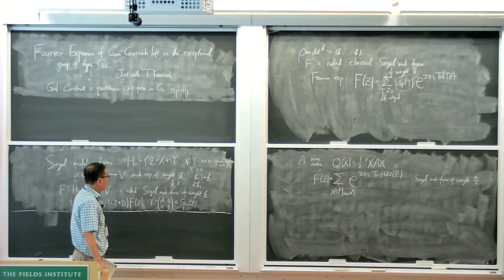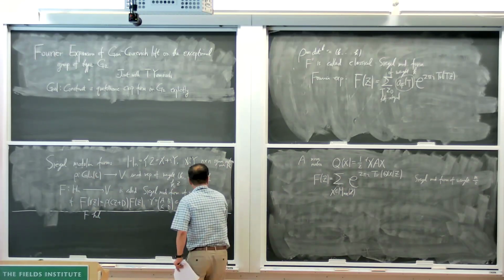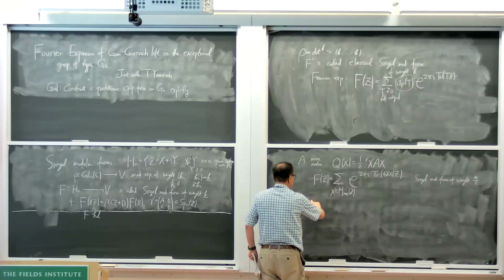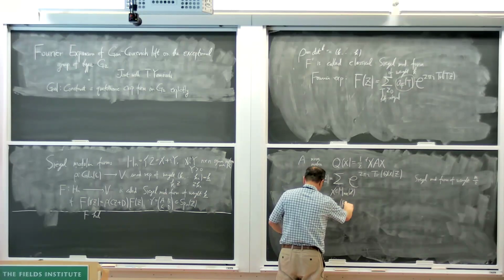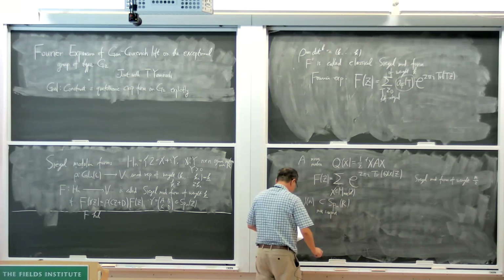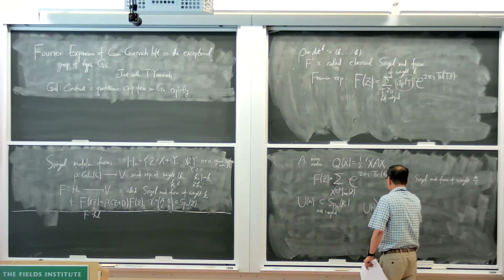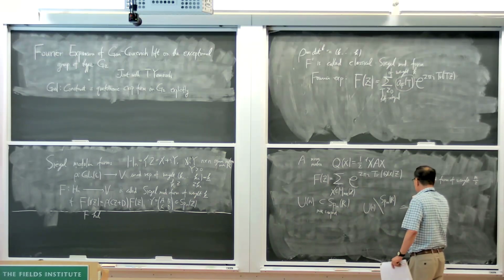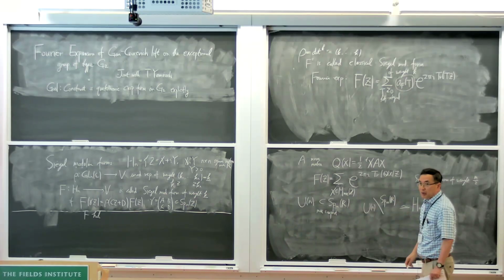Now for this symplectic group, U(n) is the maximal compact subgroup, and the quotient is isomorphic to H_n, the Siegel upper half space.